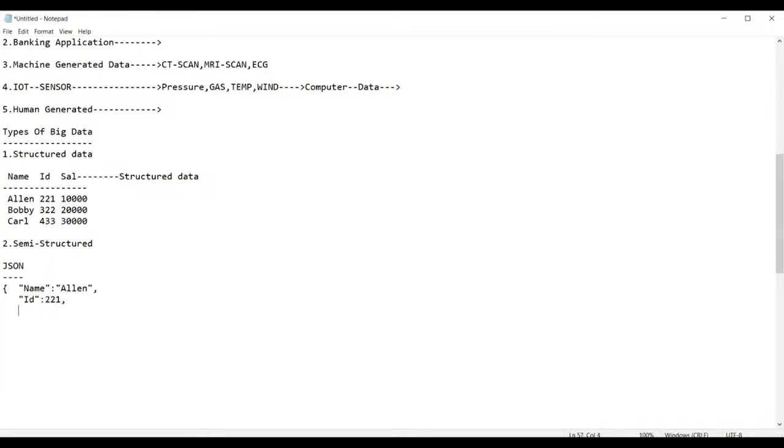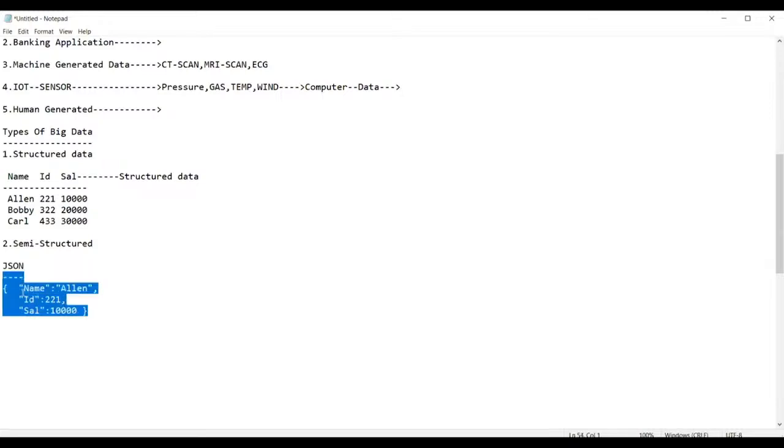Again, under this, you have salary. This is also numeric data, so you can leave it as it is. Do not place it under quotes. And finally, after this is done, the data is closed with the braces. Can you see here?